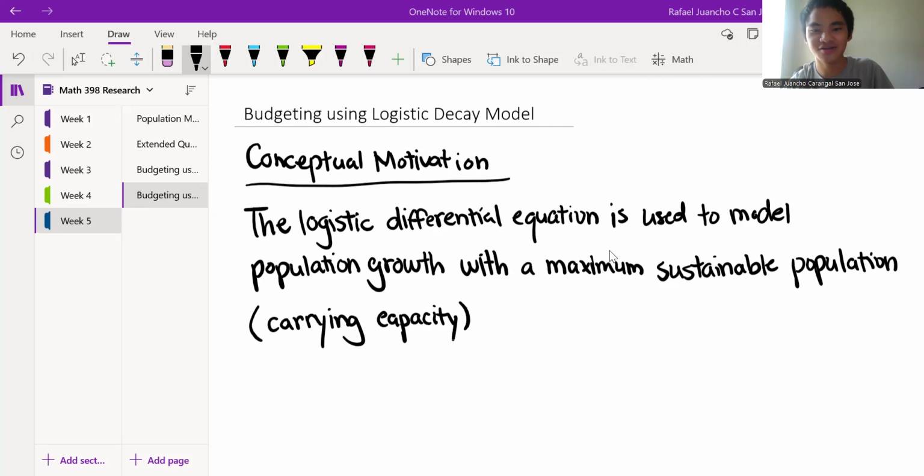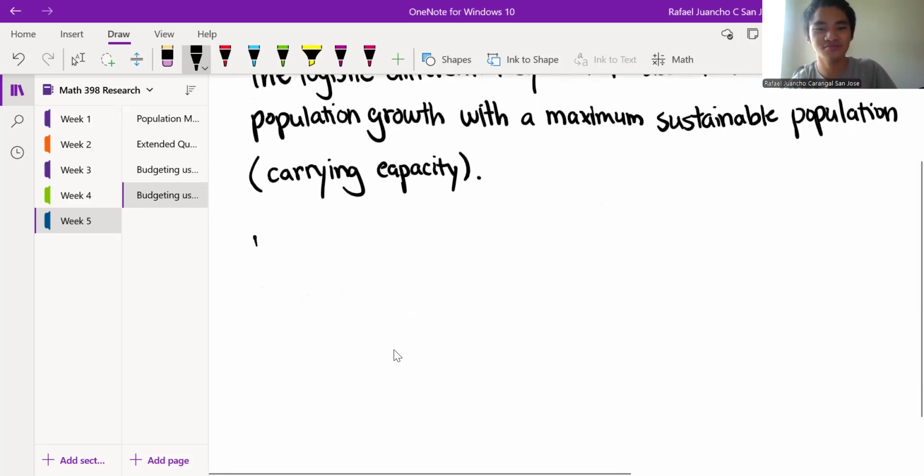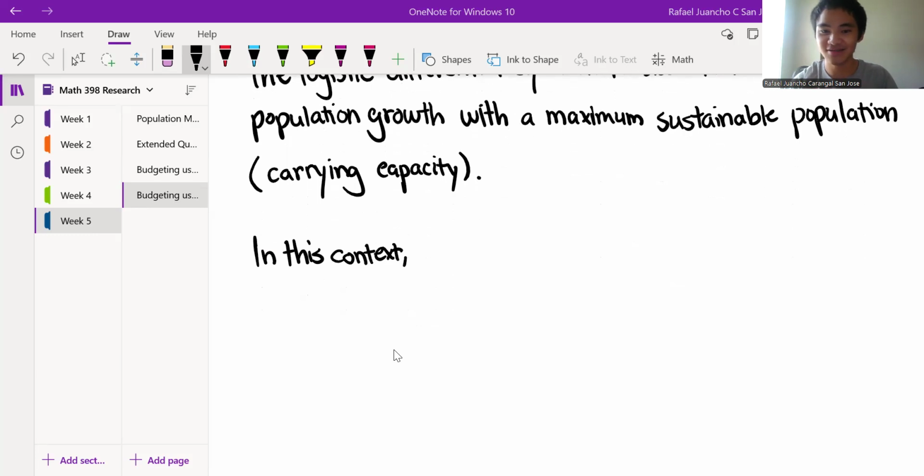Right? And so in this context, I'm actually going to reverse this idea. Instead, we're going to do some sort of budget analysis. So we're reversing this idea.